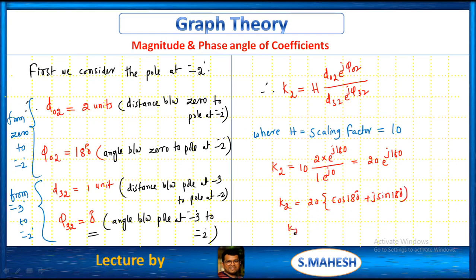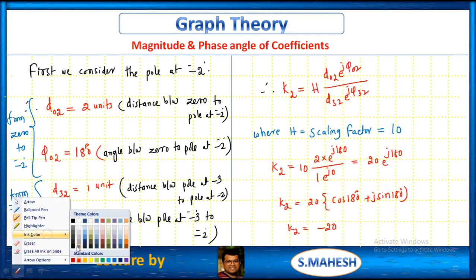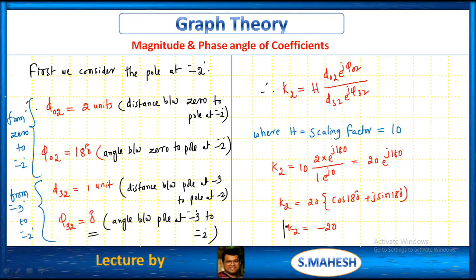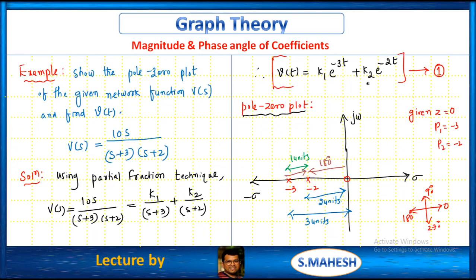From this, K2 equals minus 20. What is that answer? Minus 20. So we have one coefficient from that equation 1. So this is completed. This is minus 20.